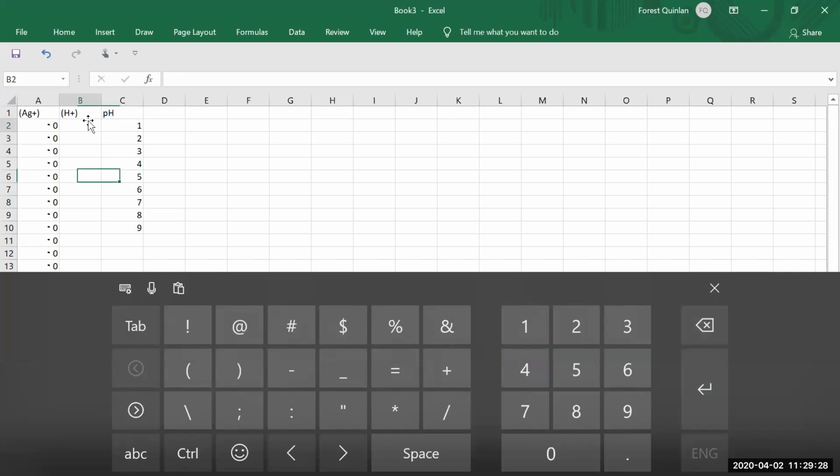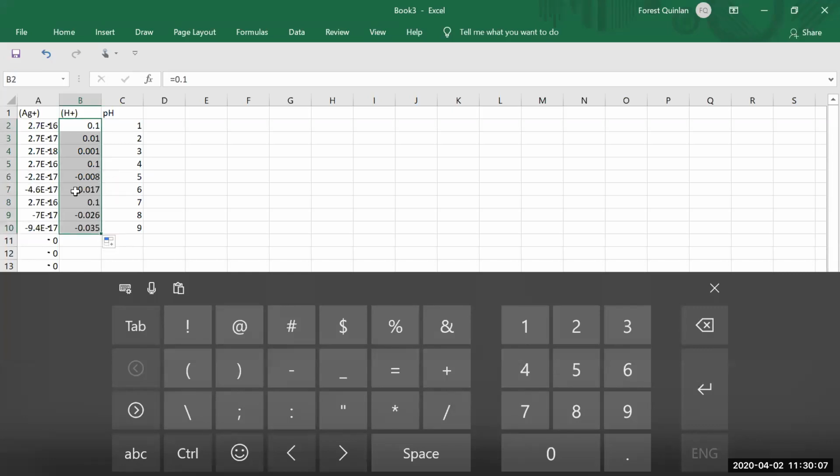This is going to be equal to 10 to the negative the pH. I can't type a caret like that, so that's going to be 0.1, and this will be 0.01, 0.001, and so forth.